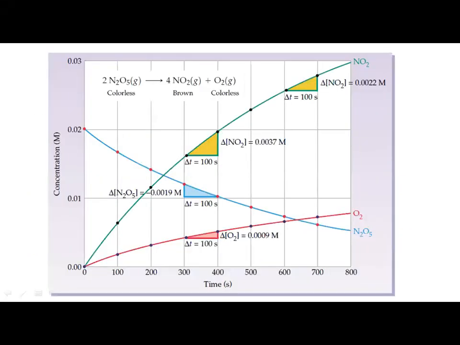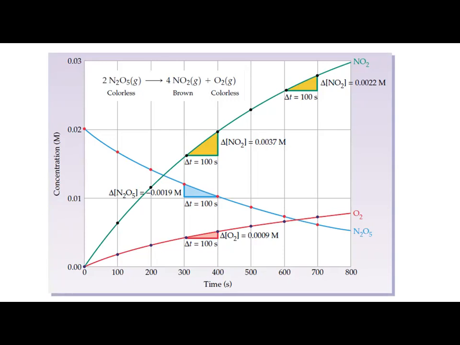Now if you compare the rates of all of the reactions, which one is faster, whether it is the reactant or the product? NO2. Then N2O5, because कोई भी हो सकता है। अभी तो हम सब में कंपेयर कर रहे हैं, ठीक है। We are comparing all the reactants and the products and deciding which one is faster in terms of increasing, or faster maybe in terms of decreasing.